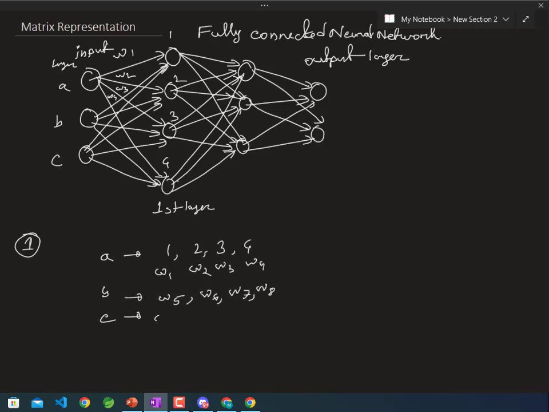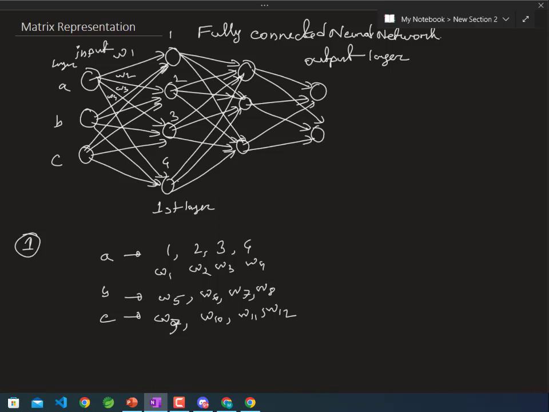For C the connections would be W9, W10, W11 and W12. So there are three inputs in the input layer, denoted as A, B, C, and the first layer neurons are 1, 2, 3, 4, each connected with A, B, C.